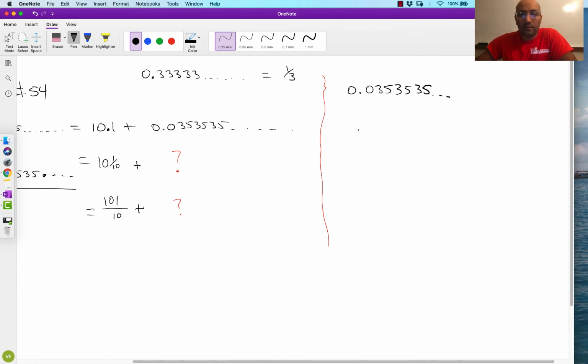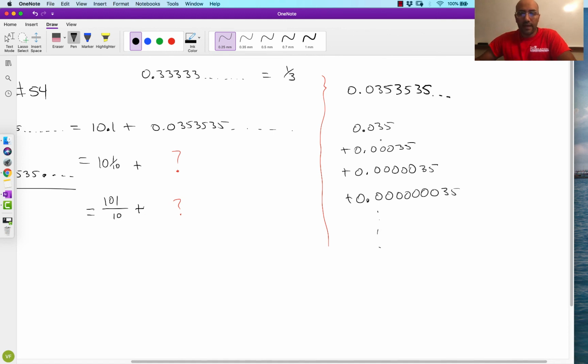I'm going to write it as 0.035 plus 0.00035 plus 0.0000035. Okay, and you get the pattern now, right? So I can continue this way, 1, 2, 3, 4, 5, 6, 7 zeros, then 3, 5, forever.